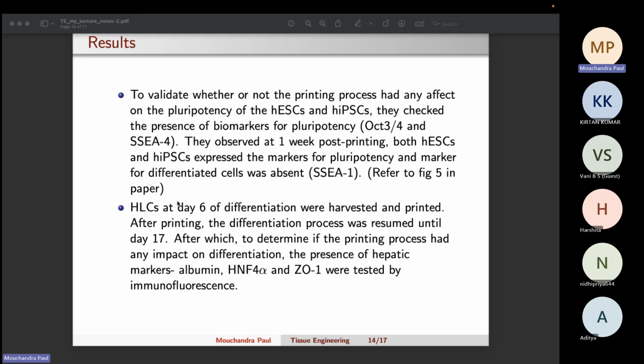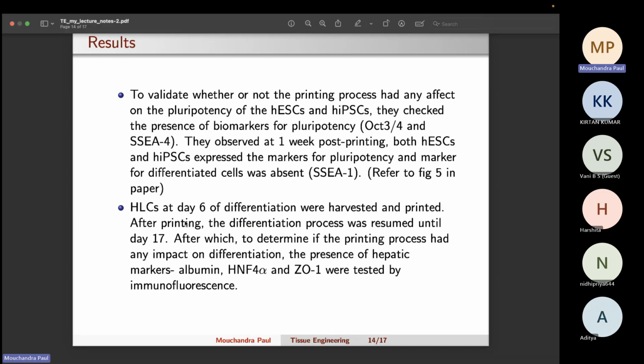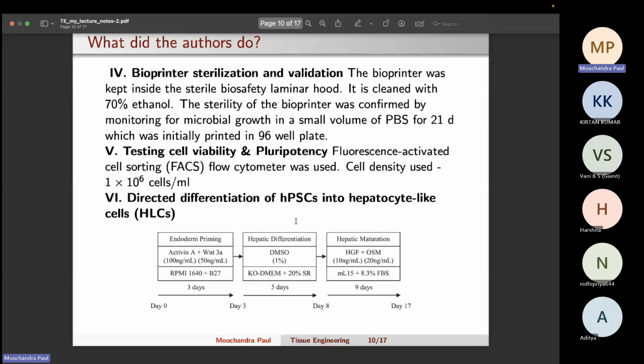Now, at this point, they are going to print the cells. Sorry, here. The next result is on how they have printed the cells which are at day 6 of the differentiation process of the pluripotent stem cells. So on day 0, they started with embryonic stem cells.